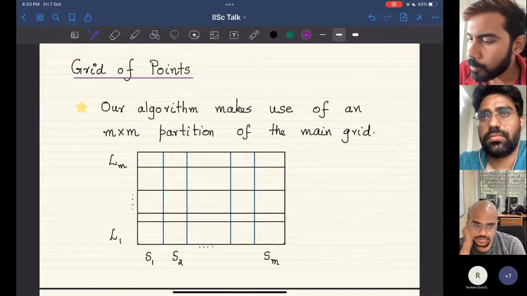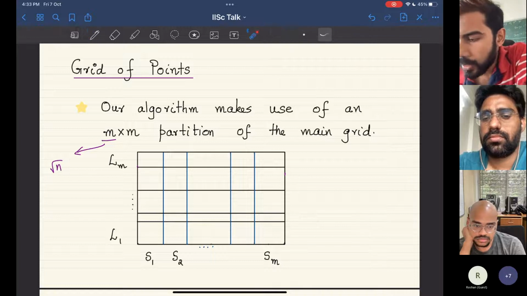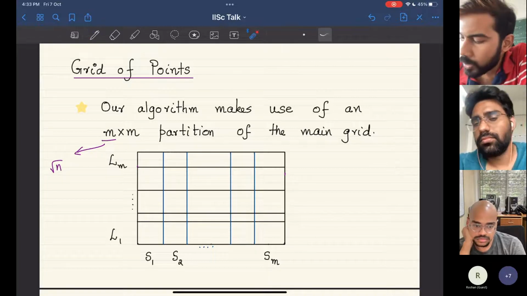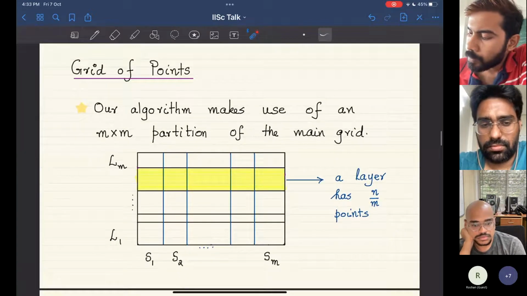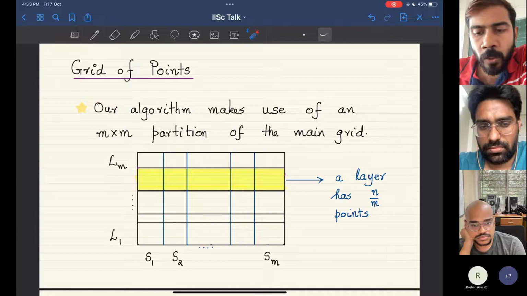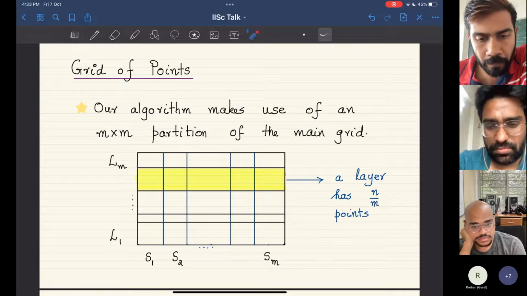Now, in fact, it is square root n. And in the following way, these horizontal parts I'm going to call layers, and the vertical columns I'm going to call stripes.